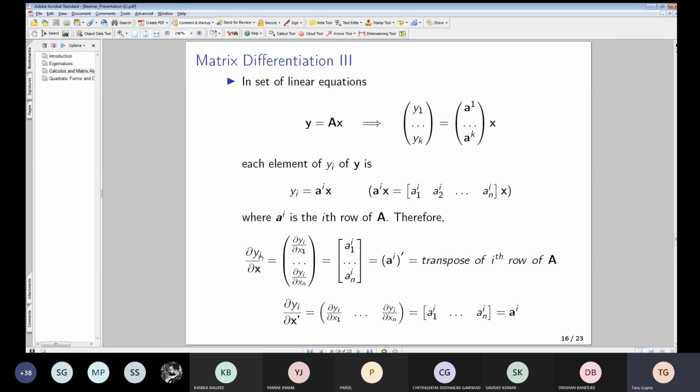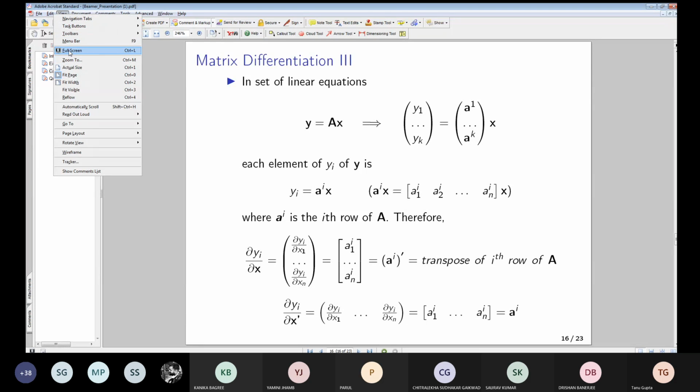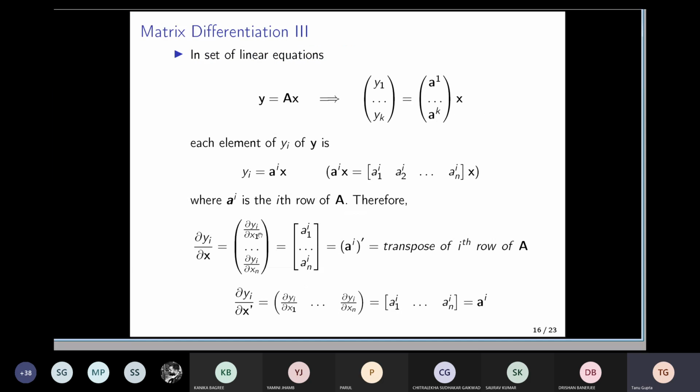That I am differentiating yi with respect to each element of x and stacking it in a column form. That is, del yi by del x1 up to del yi by del xn. And what is del yi by del x1?